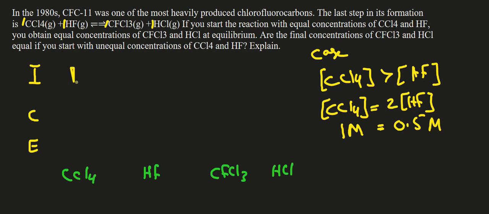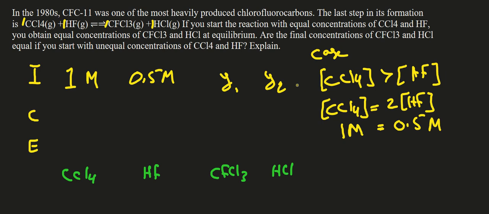Just fix this real quick. We have just 1. And for hydrochloric acid we have 0.5 molarity. As you assume it's all in 1 liter, so moles equals molarity in this case. And here we have Y1 and Y2 for the products. Now we need to know what's the limiting reactant in this step.